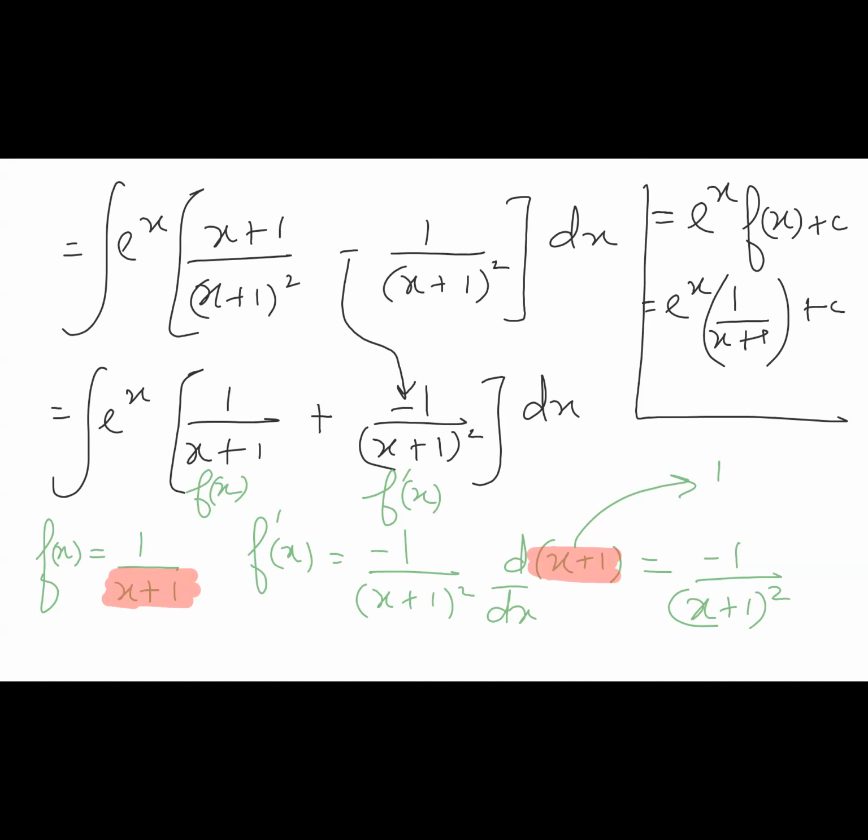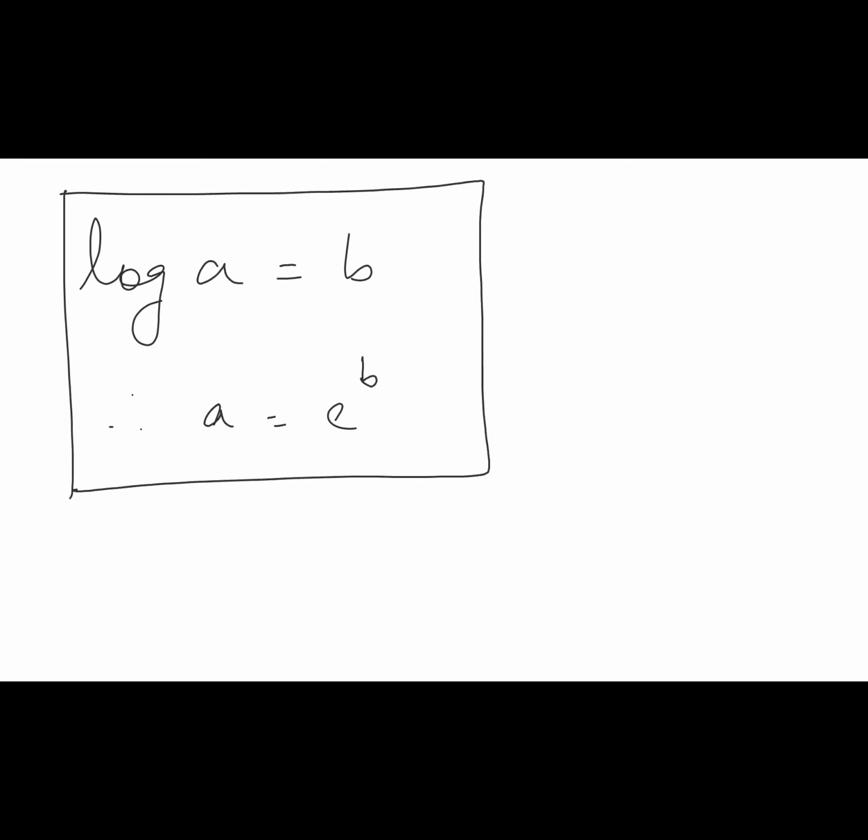Let us take one more example. Now, before we proceed with the next example, we'll understand this thing. If log a equals b, therefore a is equal to e raised to b, right?